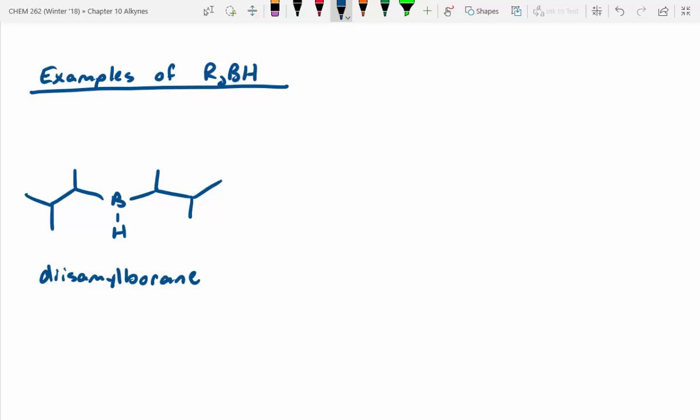This other one is a pain to draw, so bear with me. We've got a boron bridgehead. I'll put little circles where our carbons are.